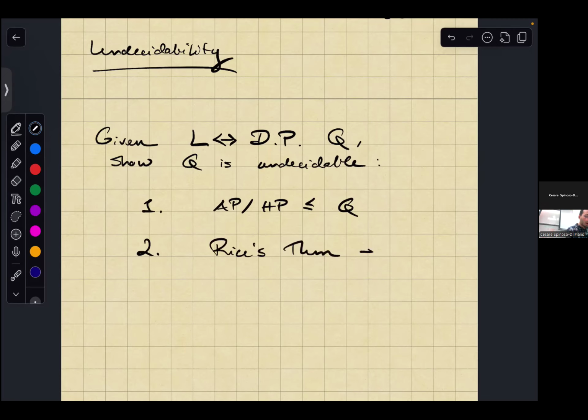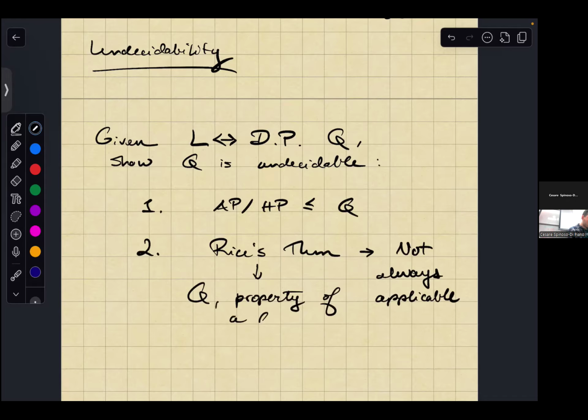But notice you cannot always use Rice's theorem to show that something is undecidable, even when it actually is undecidable. Q has to be talking about a property of a language, which I will remind you of in a second.